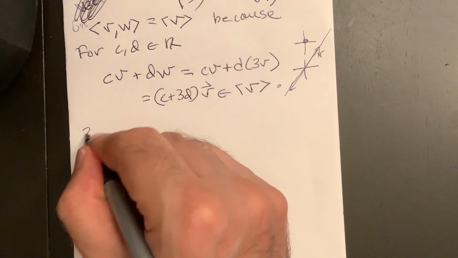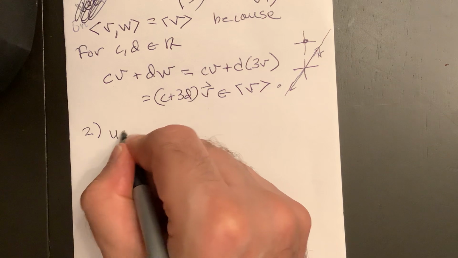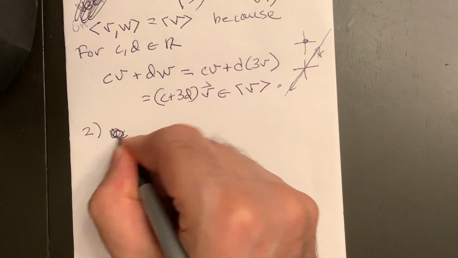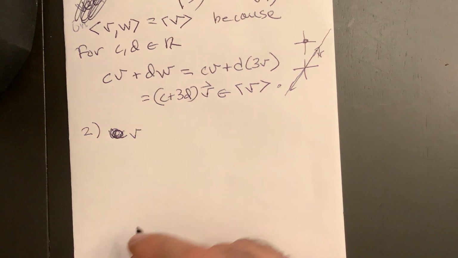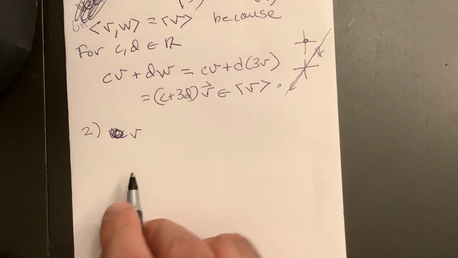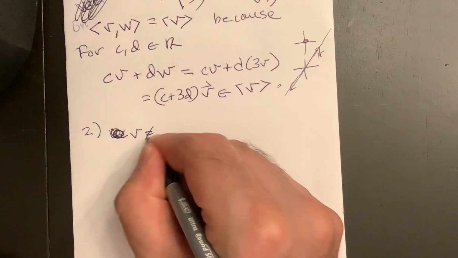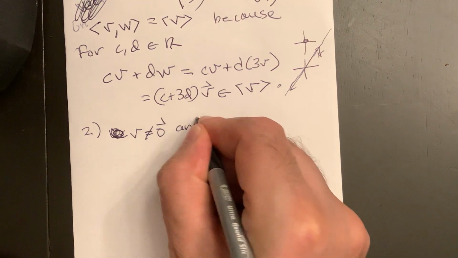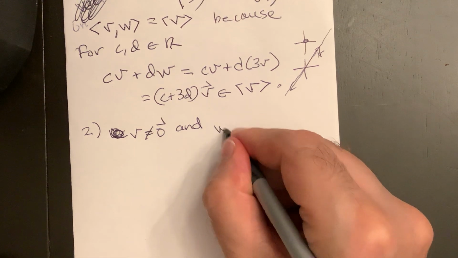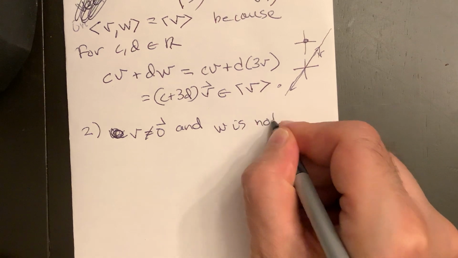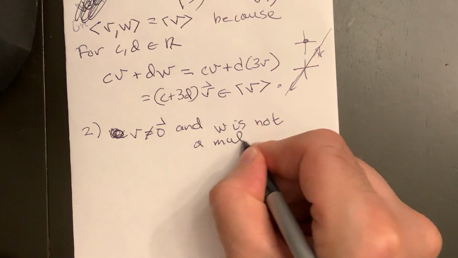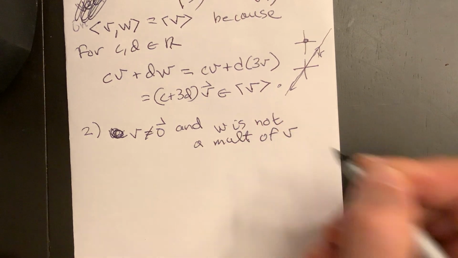Okay, the second case: suppose v is not equal to the zero vector, and w is not a multiple of v.